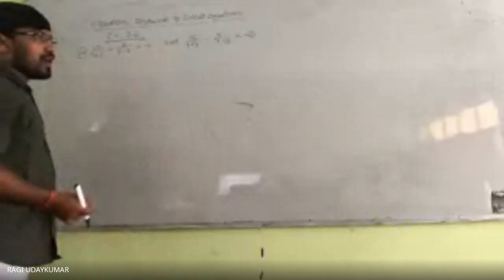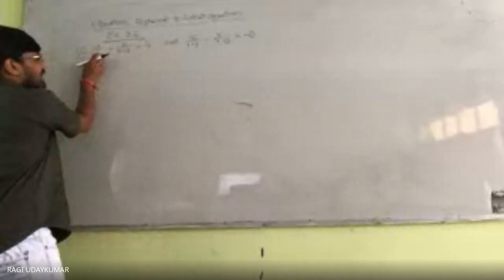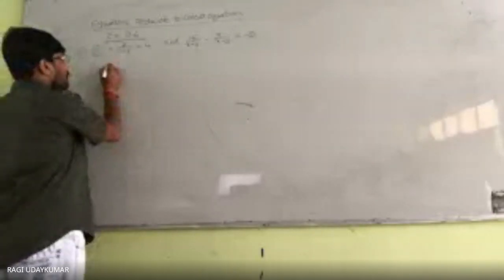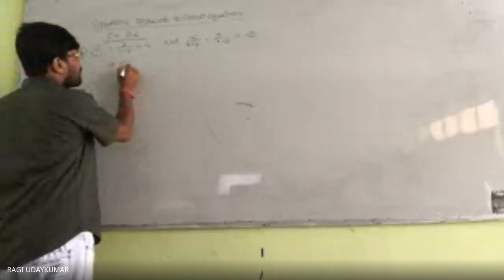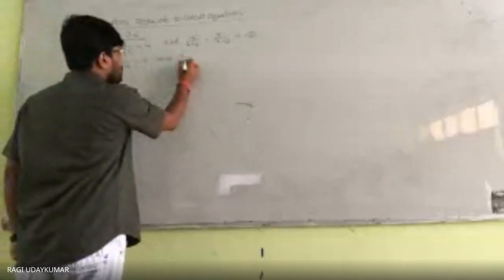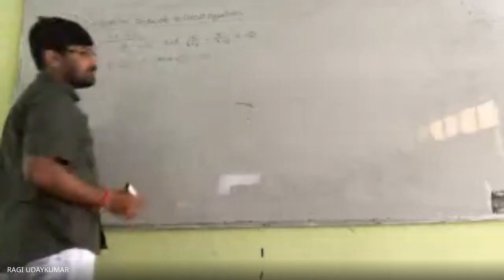So what you have to do is consider the complete 1 by x plus y as a variable. Let 1 by x plus y be equal to a, and 1 by x minus y be equal to b.